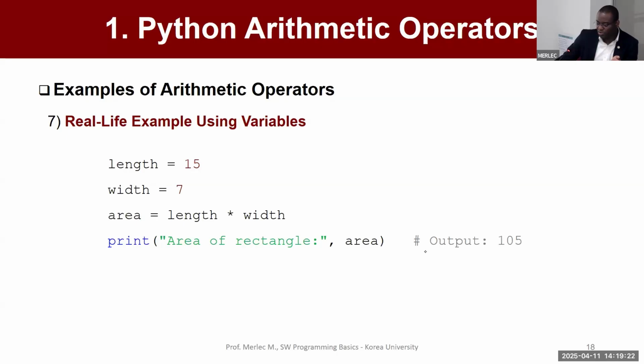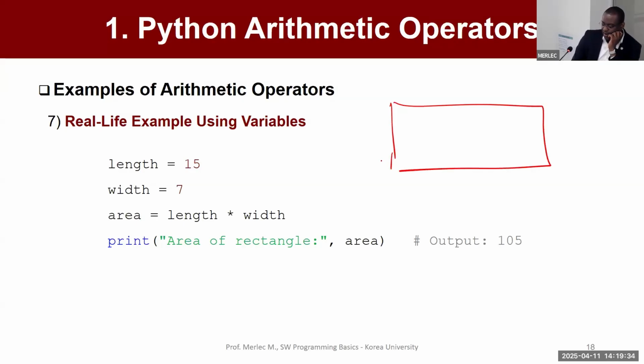We can now try to use those arithmetic operations in a real world example. Like when you have a rectangle like this, that has its specification. You say this side is 15, and then the side of this width is 7.